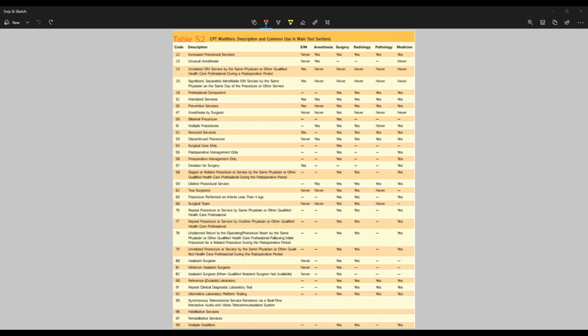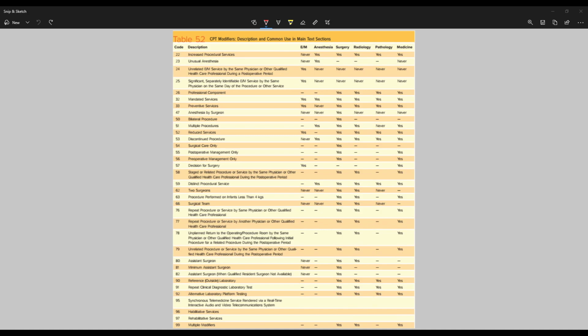And then there's code 62 or code 66, and that 62 is two surgeons and 66 is a surgical team. You would never code either of those for E/M, for anesthesia, or for pathology, because a surgical team's not doing laboratory research.